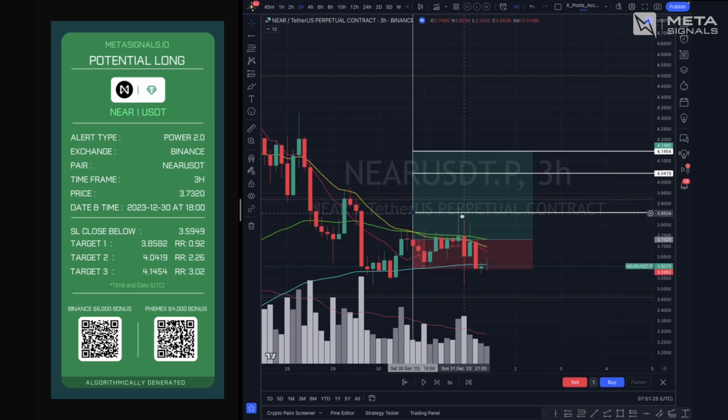You did get a move up to TP1, so perhaps you were able to get out right there and immediately came back and wicked below the stop loss. So this is a good example of why we wait for the close below. Here we came extremely close. We closed at 3.5960. The algo said 3.5949. So we didn't close below, we didn't exit, we didn't lose the trade.